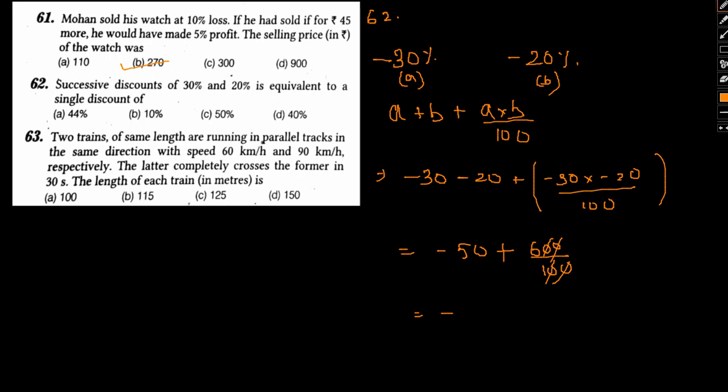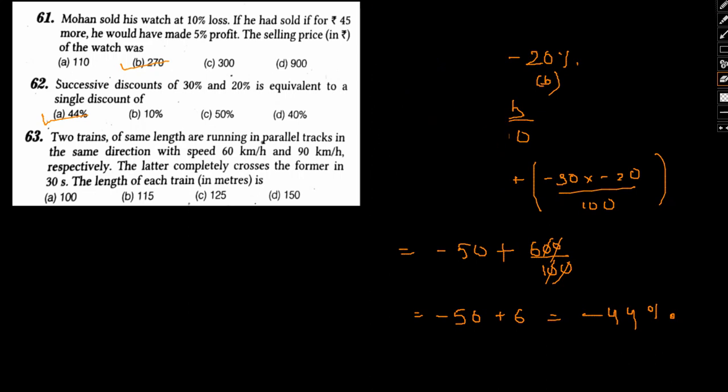So minus 50 plus 6, that is minus 44%, or 44% discount. Okay, so this is clear. Next up, what we will be doing is moving to question number 63.